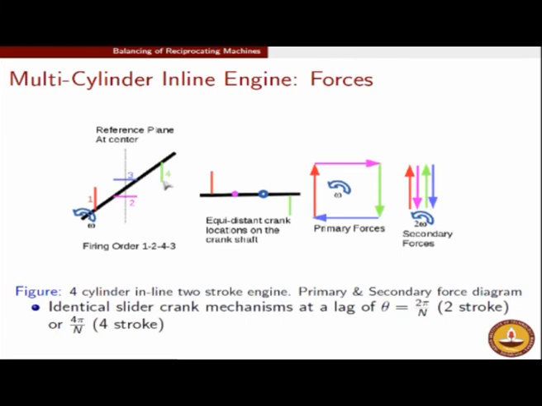Similarly, the primary force induced by the green crank will be completely in the opposite direction. For the second crank, which is shown in magenta here, again it is aligned in this fashion, but please remember that we are only going to take the x component of it. Whereas this and this are the real forces, these are sort of imaginary forces and there is no need to worry about them at this point.